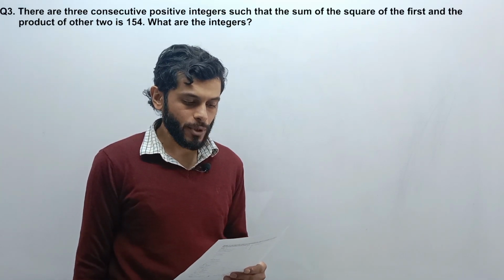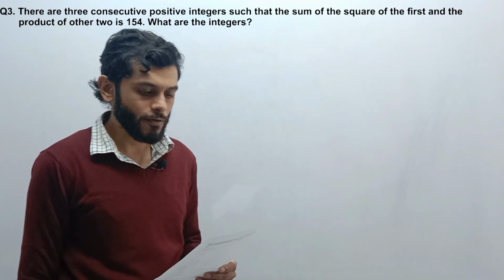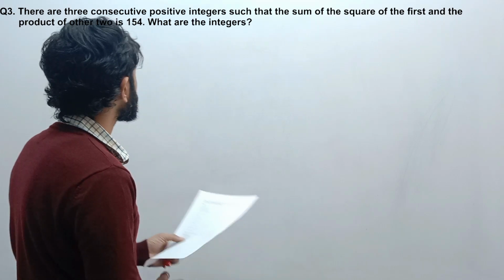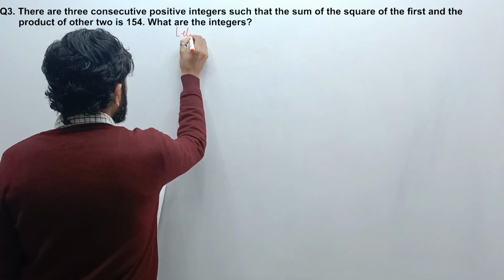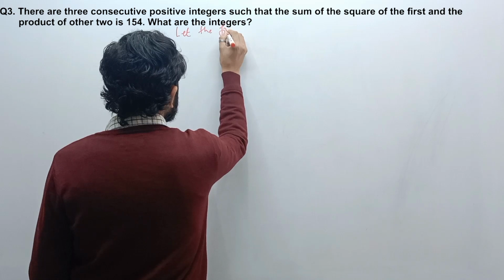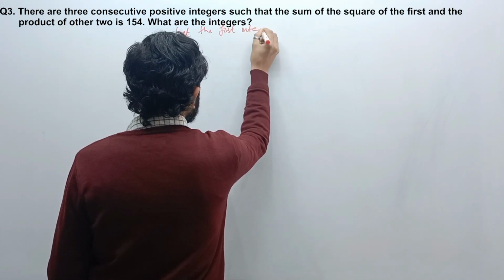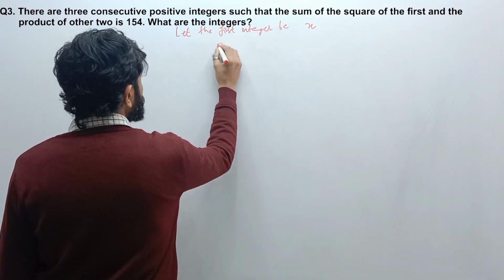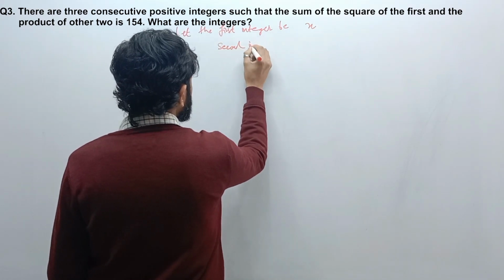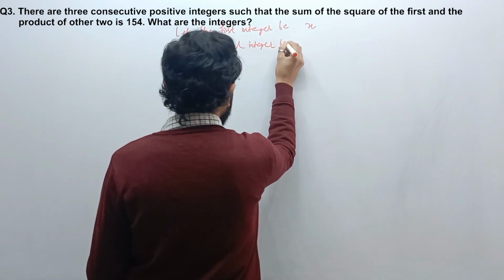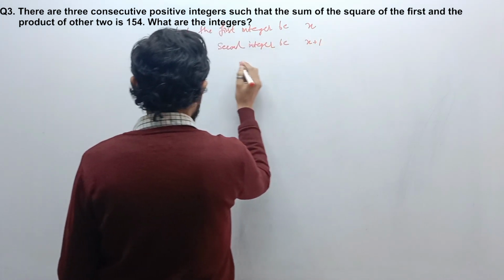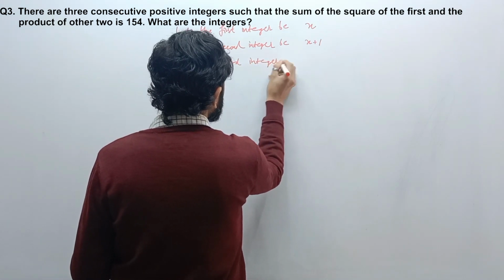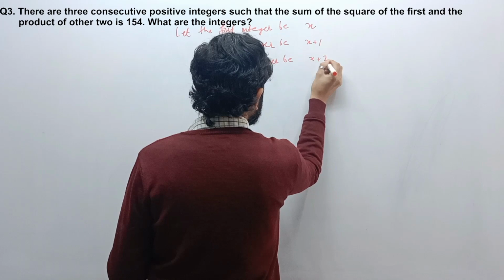There are three consecutive positive integers such that the sum of the square of the first and the product of the other two is 154. What are the integers? So now let the first integer be x, the second integer be x plus 1, and the third integer be x plus 2.